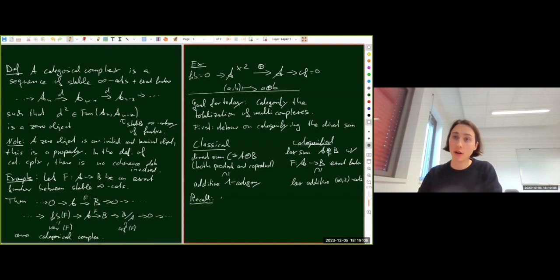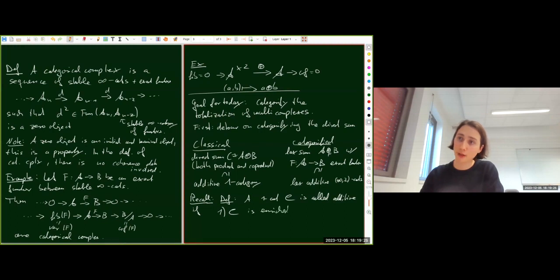So recall the following definition: a one-category C is called additive if two things are satisfied. Firstly, C is enriched in abelian groups. And secondly, C admits finite products.